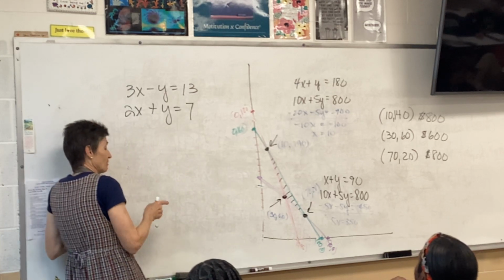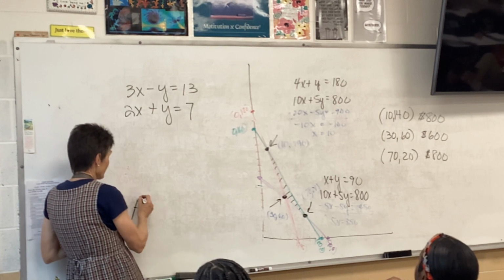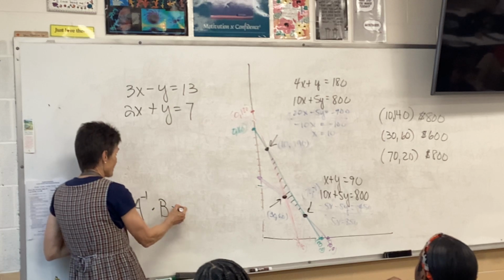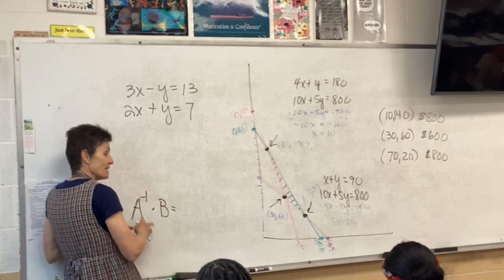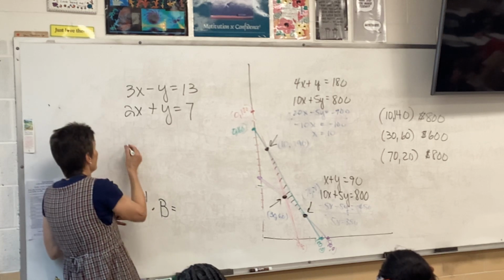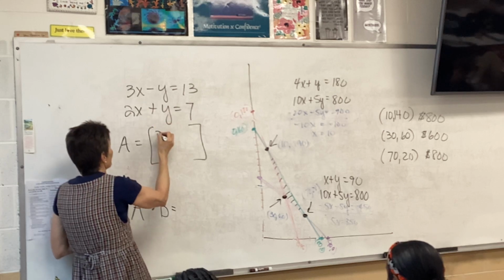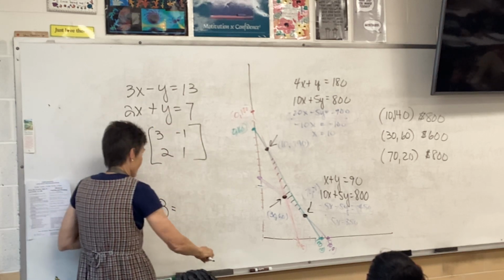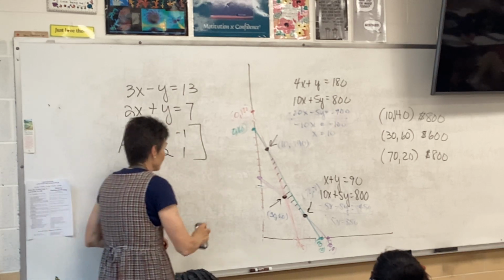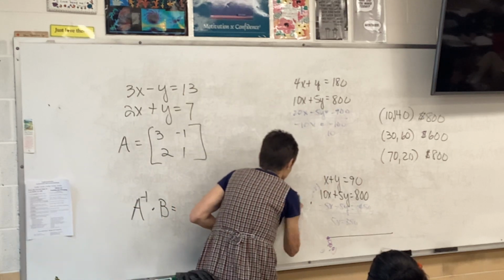The inverse method basically means you're going to multiply A inverse times B. That's what the inverse method means. Now, what is A? Well, A is the matrix of coefficients. 3, negative 1, 2, 1. That's matrix A. B is the constants.